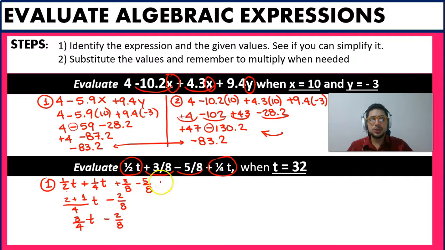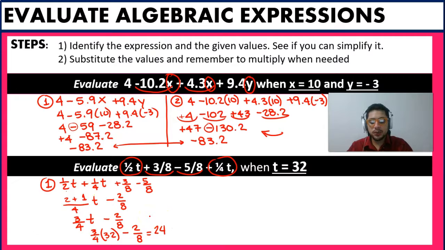And then we're just going to substitute. So 3/4 multiplied in this case by t, which is 32, minus 2 divided by 8. So 3 divided by 4 multiplied by 32 is going to give us 24.